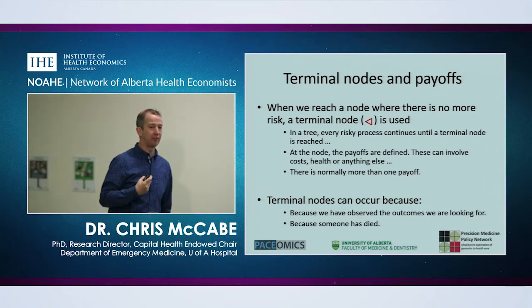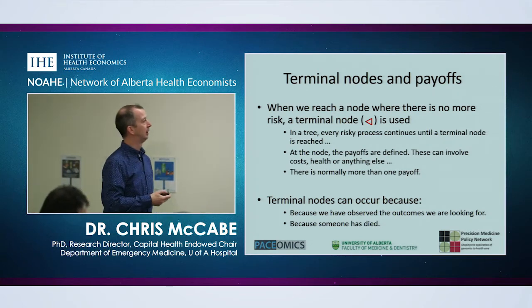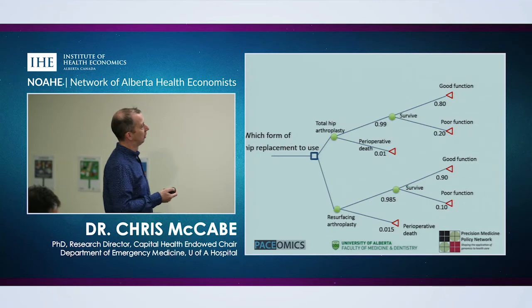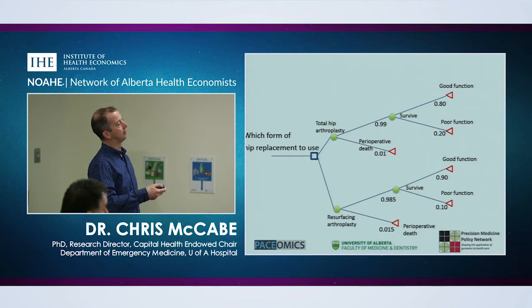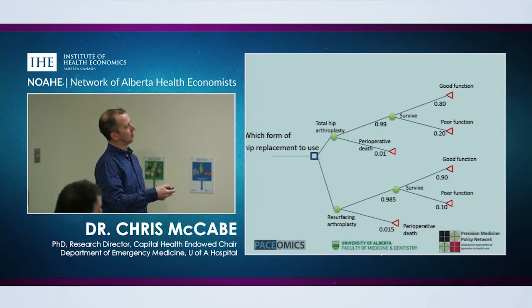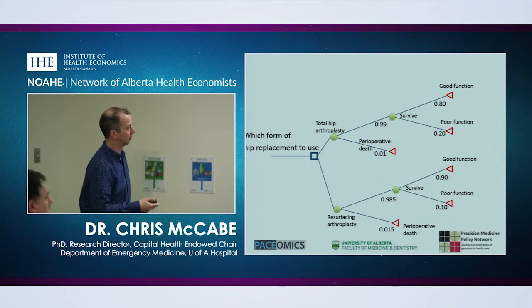And at the nodes, we define the payoffs. Okay? So here, what I've defined as a payoff, we have our terminal nodes. Our payoffs are the quality of life. So 0.8 for good function, 0.2 for poor function. So those who survive, not all survive with good function. Some of them survive with poor function.